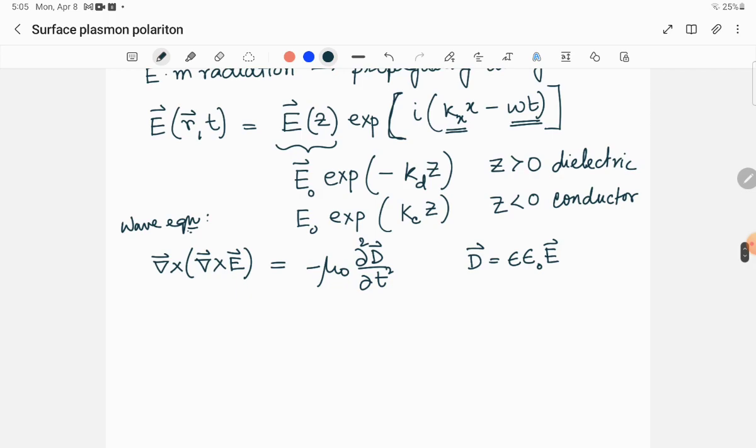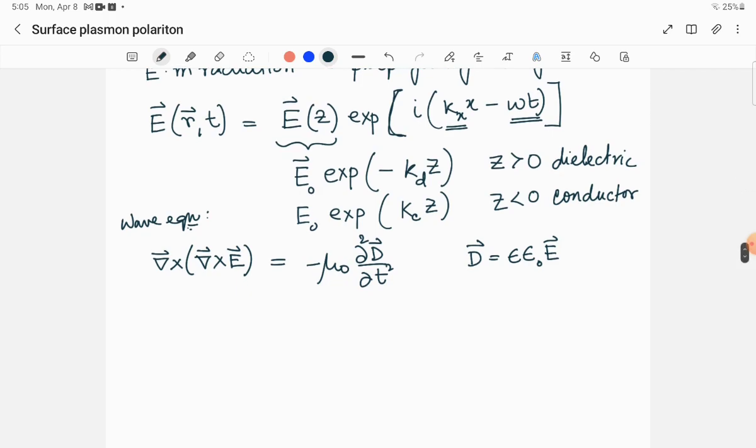Now, with this in mind, let's get into the Maxwell's equations. So, to reach the wave equations, we eliminate all the H. So, we get an equation only in electric field, and here exactly that's what we have done. So, curl of curl E is given by minus mu naught del square D by del t square, D being the displacement vector, and the D can be written as epsilon, which is the dielectric constant, epsilon naught the free space permittivity, multiplied by electric field.